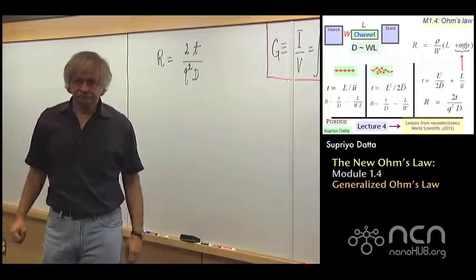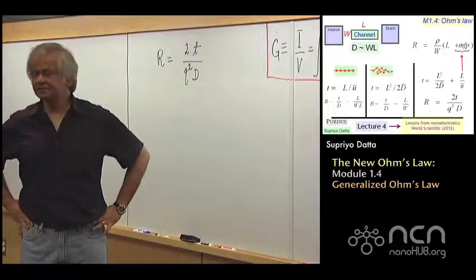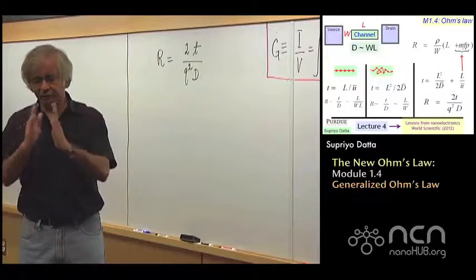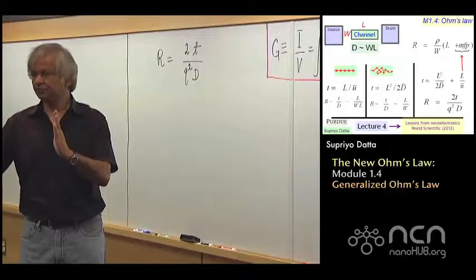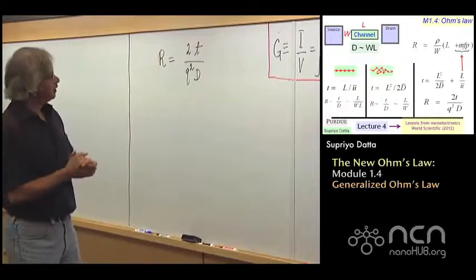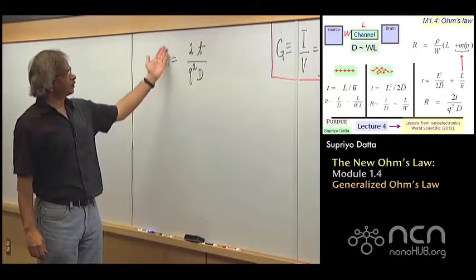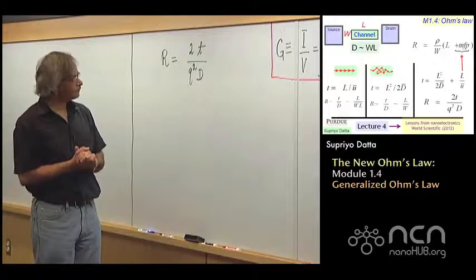Now, Ohm's law tells us that the resistance of something should change linearly with length. If I make something twice as long, the resistance should be twice as big. Now, the question is, can we understand that by looking at this equation, the one that we just obtained?